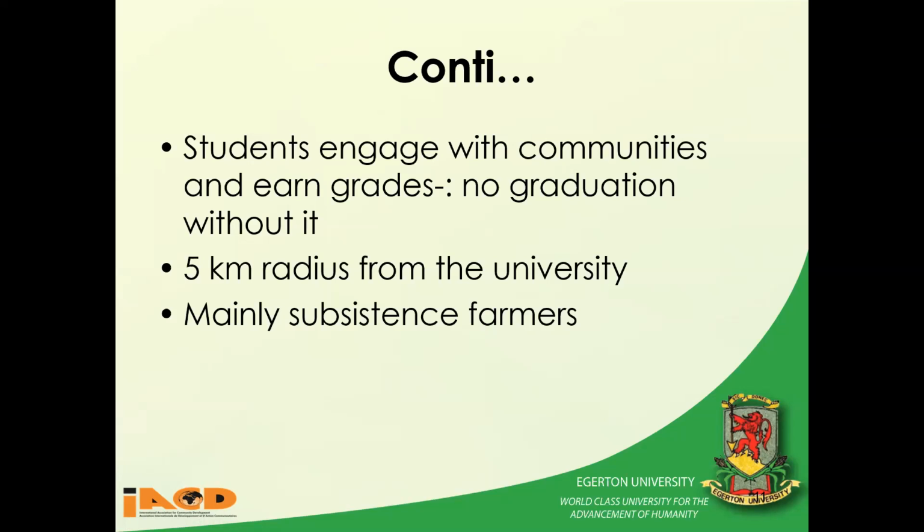If we had more resources, we would go further, but we are limited by the constraint of resources. And we mainly target subsistence farmers, although we also go to schools, especially primary schools, depending on the issues that are there.